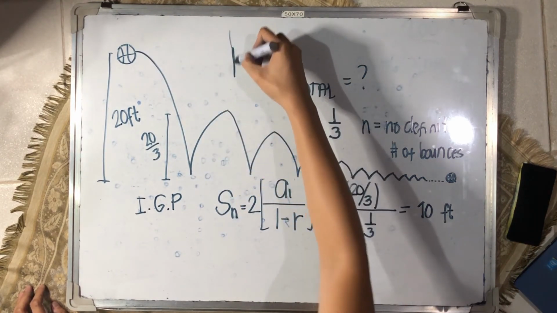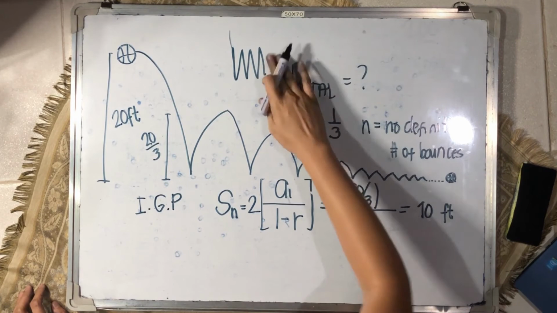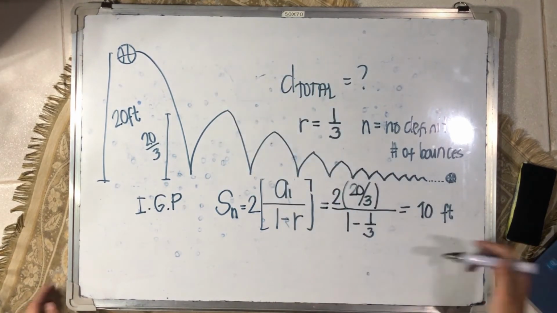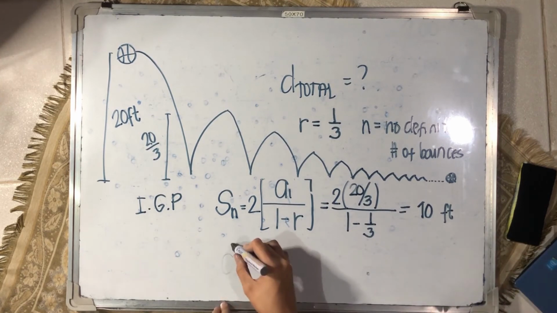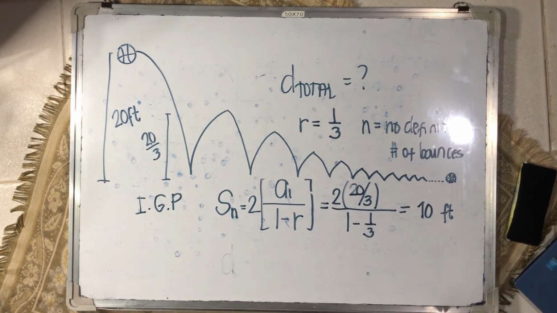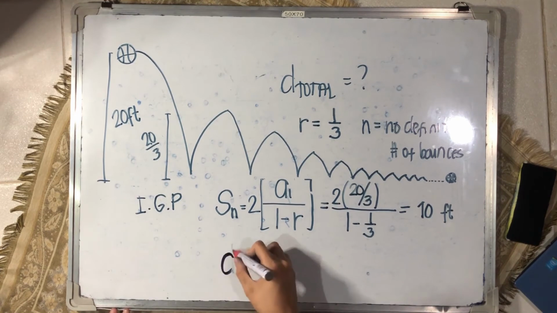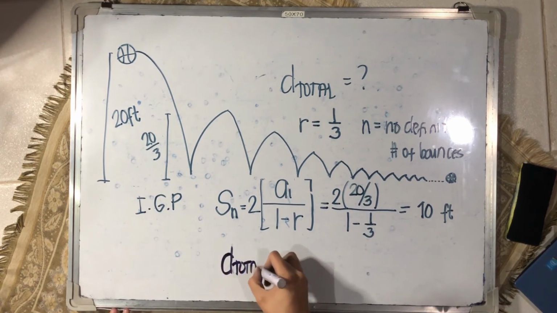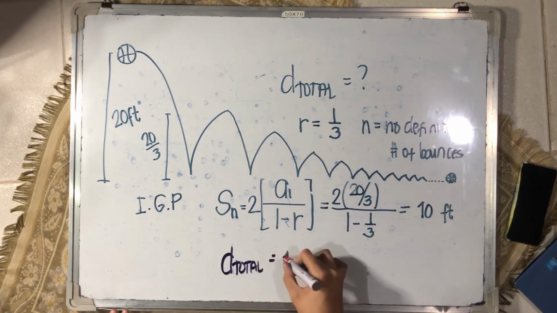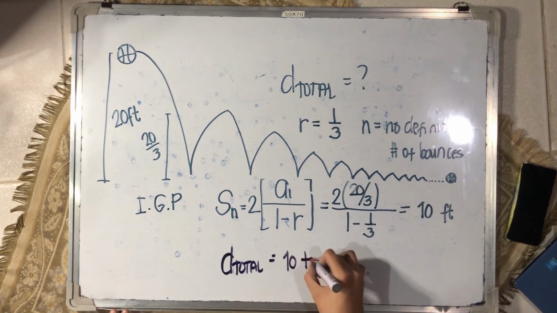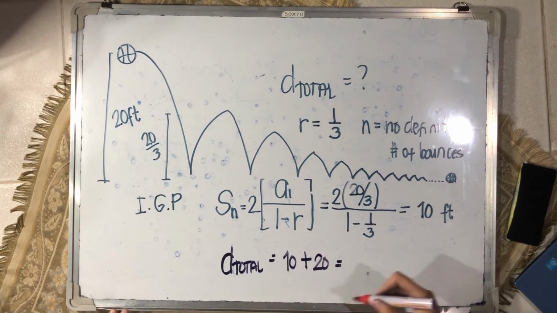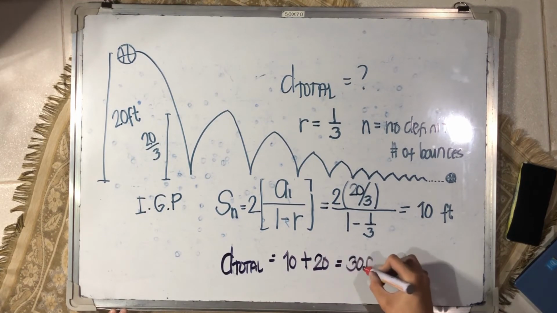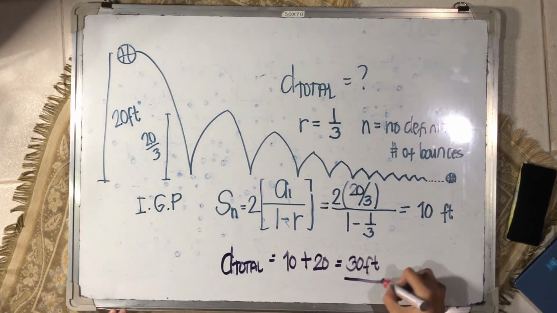Actually, it's bouncing straight up and down. So we need to add something here. Our total distance would be that 10 feet plus the 20 feet it first dropped down. So our final answer should be 30 feet.